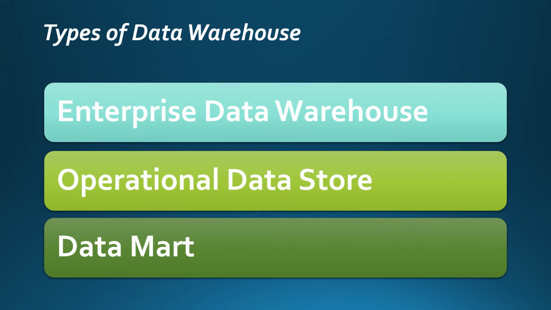Third, data mart. A data mart is a subset of a data warehouse. It's especially designed for a particular line of business, such as sales or finance. In an independent data mart, data can be collected directly from the source.